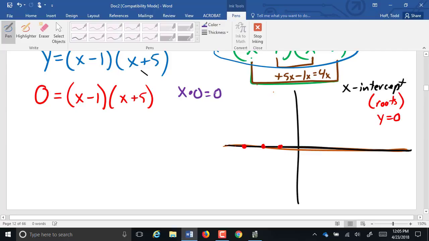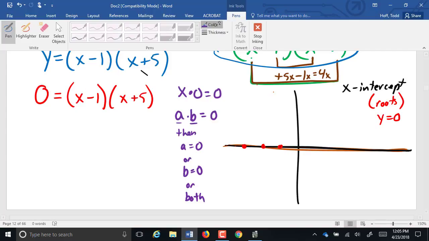Well, there's another form of that rule that says if two numbers multiply to make 0, then at least one of them has to be 0. So if a times b equals 0, then either a equals 0 or b equals 0. Or it's possible that both equal 0.